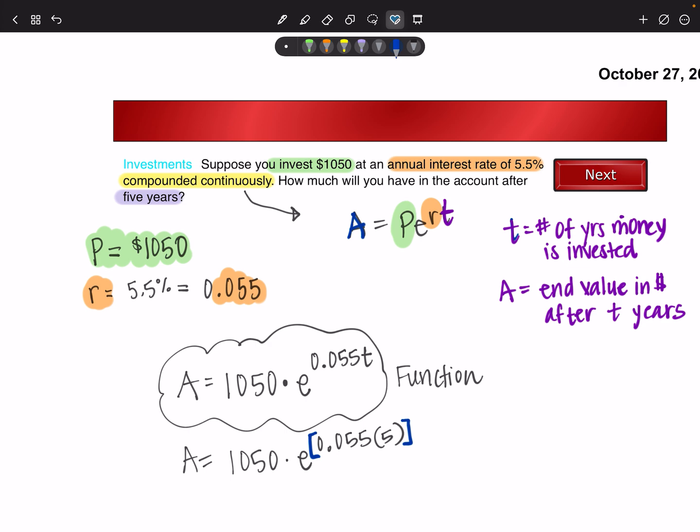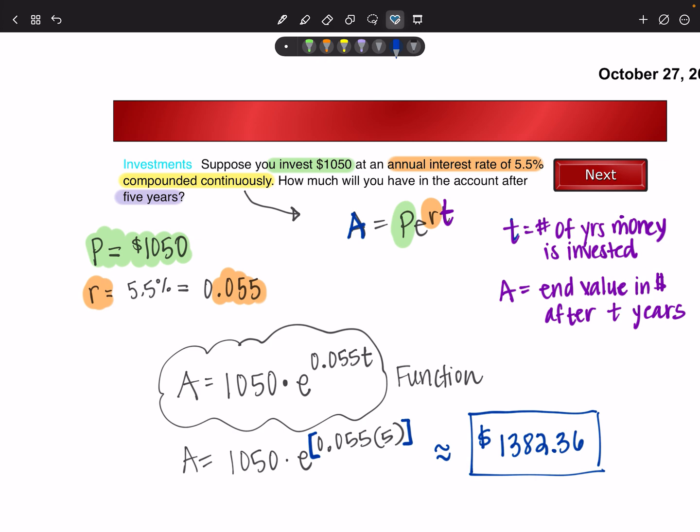When you put that into your calculator, you'll get approximately $1,382.36. It is so important that you make sure you are able to get that dollar amount on your calculator, and that you're not just writing it down, because it can get a little tricky trying to enter this into our calculator.